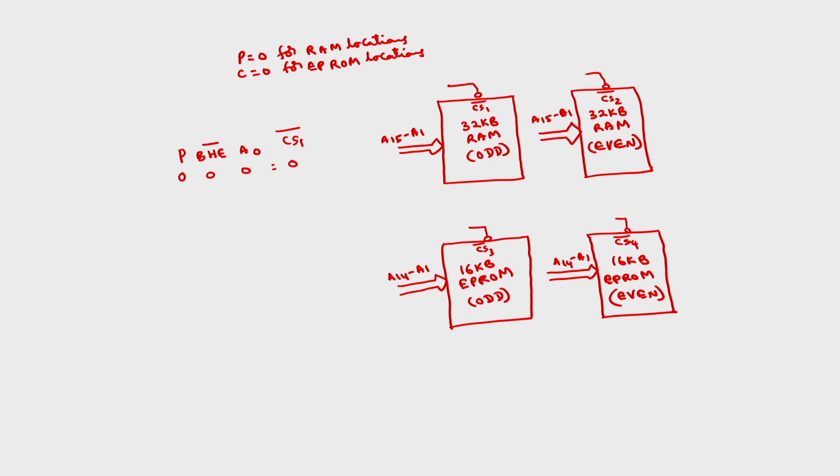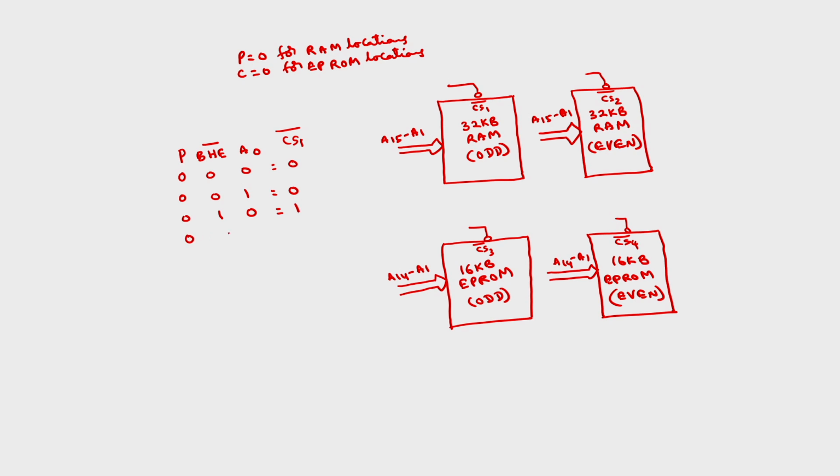And when P is equal to 0 and this is 0 1, what should CS1 bar be? BHE bar is 0 means the high bank, which is the odd bank, has to be selected, so this will be 0. When it is 1 0, this is the even bank, so this will not be selected.